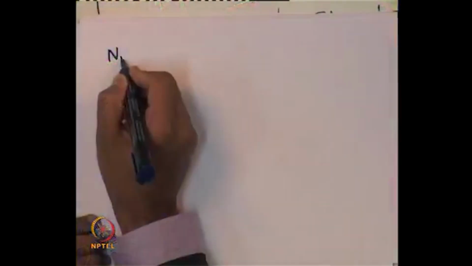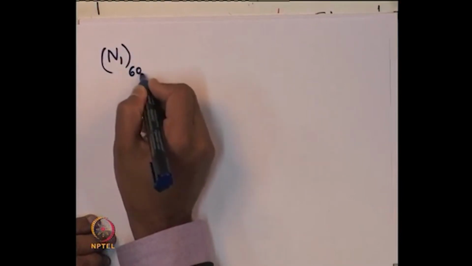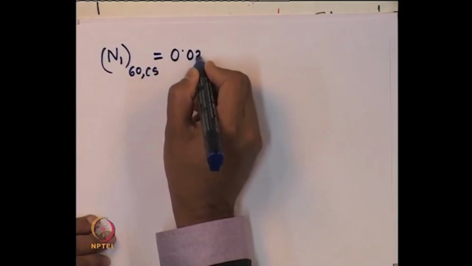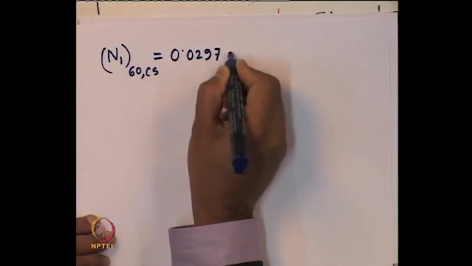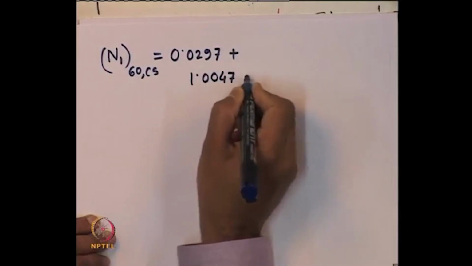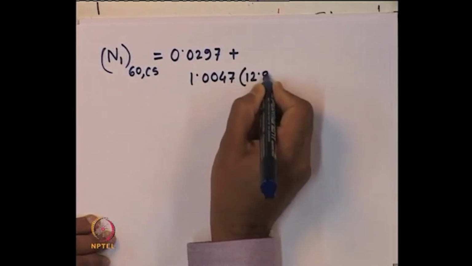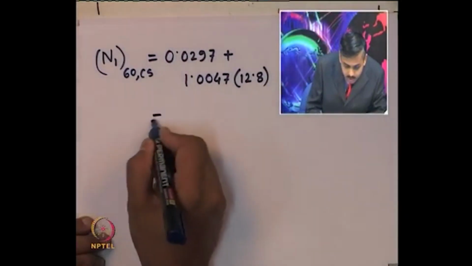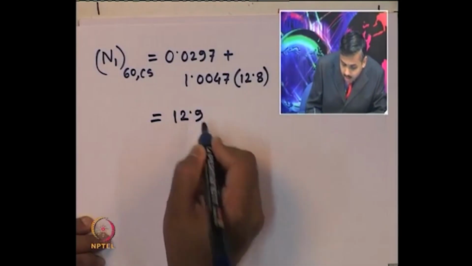So, let us see how much is the value of that N160 CS. N160 clean sand comes out to be 0.0297 plus 1.0047 times 12.8. This is N160 we had calculated already, which gives us 12.9.